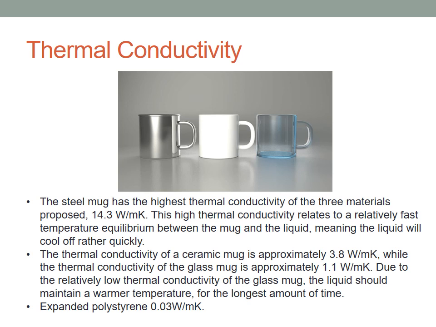Now, finally, down the bottom, and this is why I was saying polystyrene is such a useful material, its thermal conductivity is only 0.03 watt per meter Kelvin. Now compare that above to steel. It is hundreds and hundreds of times better, thousands of times better at keeping heat from flowing through it compared to steel.